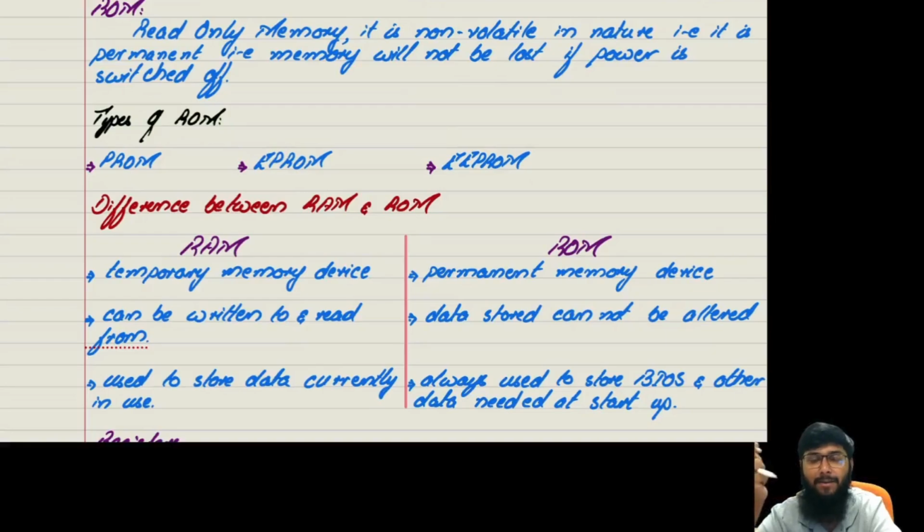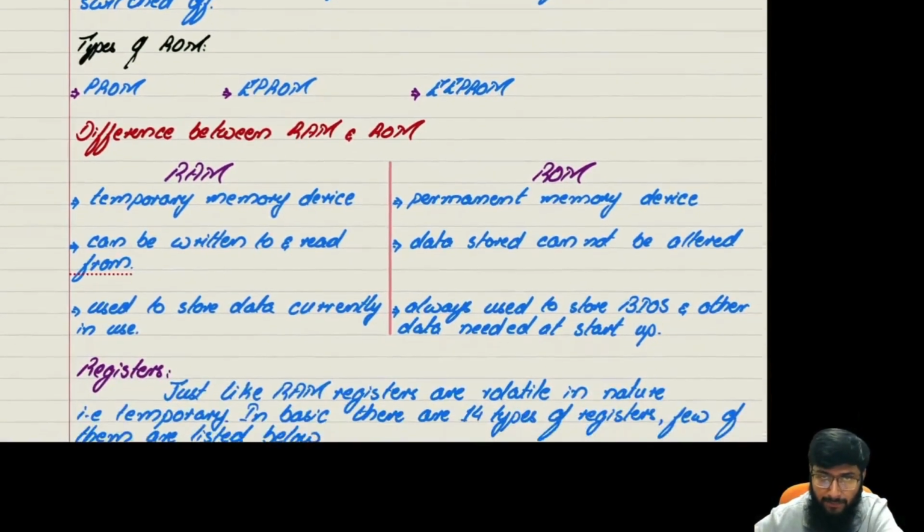The difference is that PROM can only be programmed once, whereas EPROM can be programmed multiple times, but it requires ultraviolet light to be reprogrammed. EEPROM is what we actually utilize in our systems as well. EEPROMs can be reprogrammed multiple times, with the help of certain software.